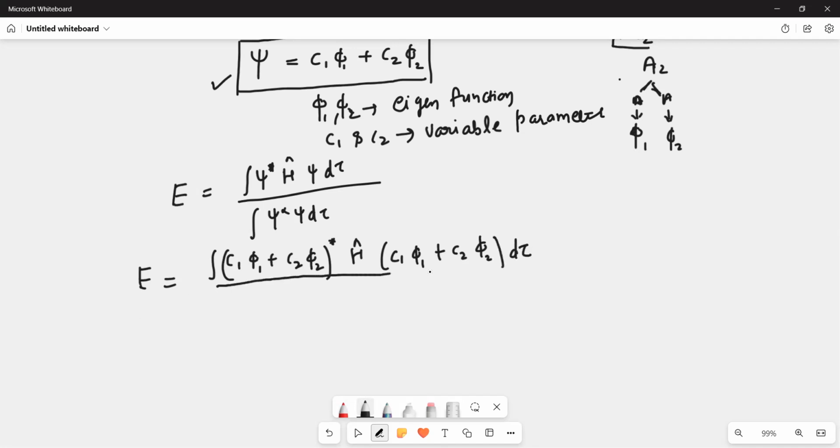Similarly, in the denominator also, put the wave function expression in this way, whole star.